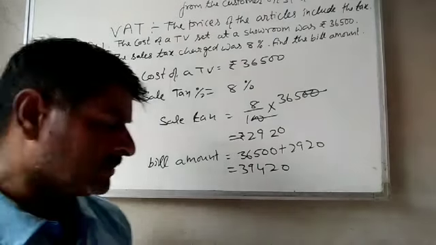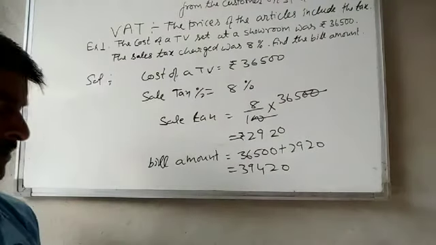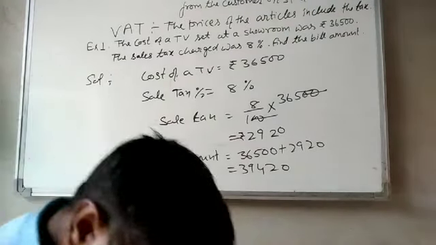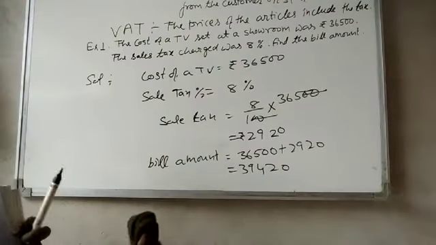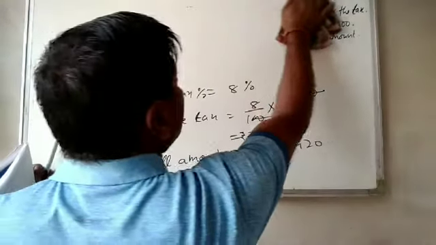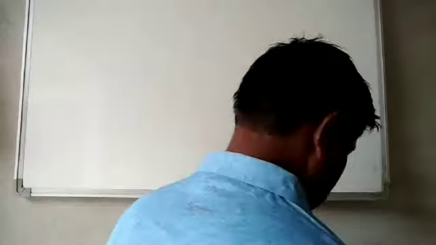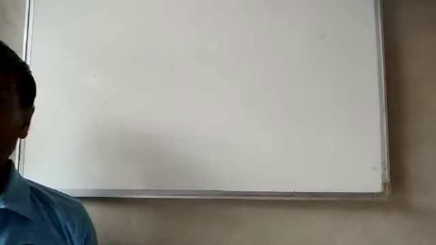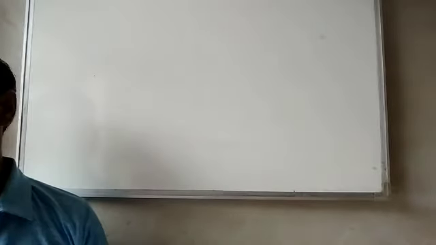Now the next question. Ramesh bought an air cooler for rupees 5,400 including VAT at 8%. Find the original price of the cooler.